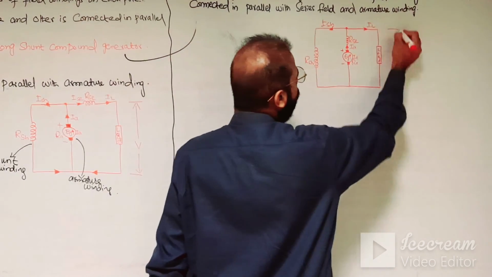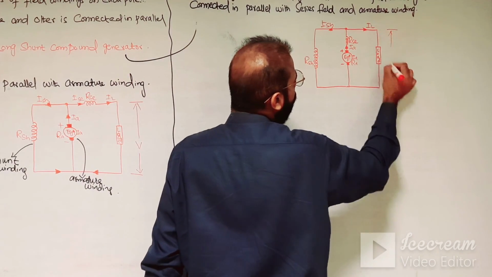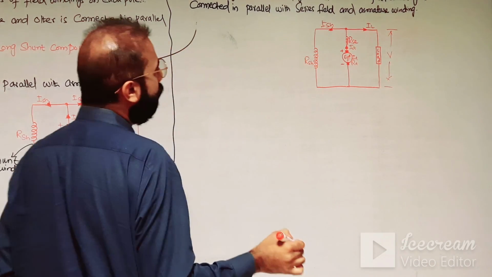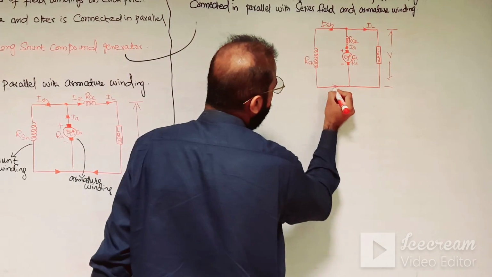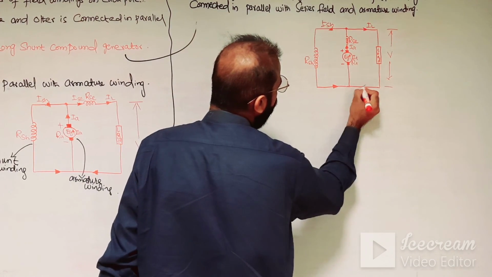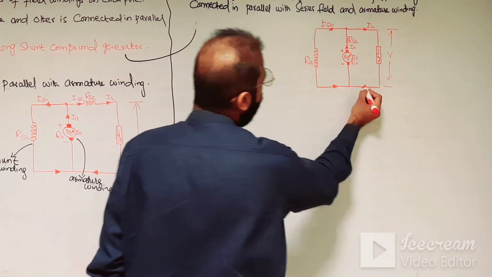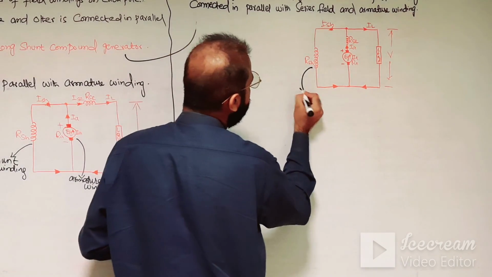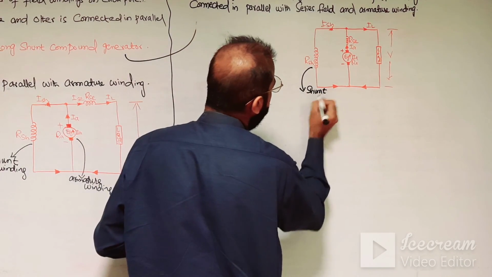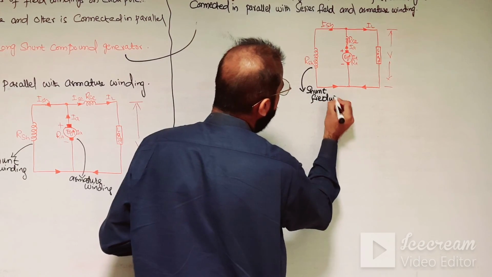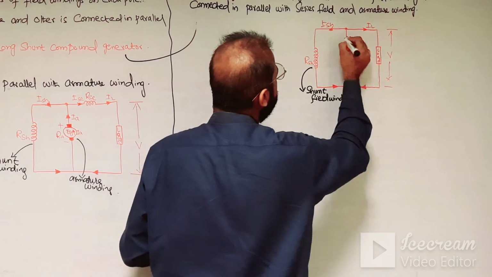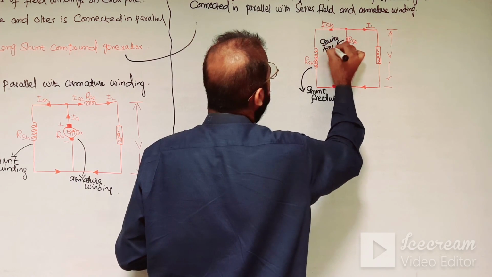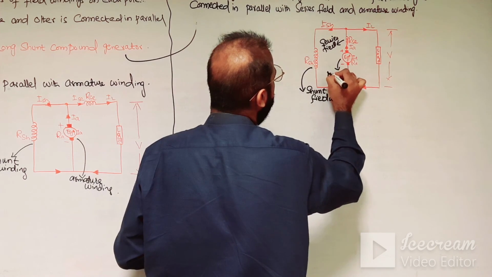And at the load side we are getting the terminal voltage generated by the long shunt compound wound generator, and these are the directions of the current flow towards the armature negative terminal. As you can see, this is the shunt field winding, this is the series field, and this is the armature.